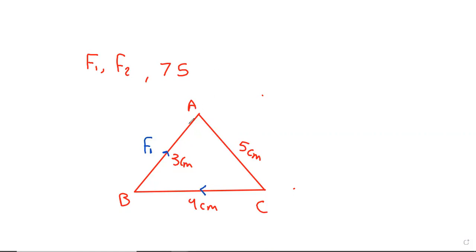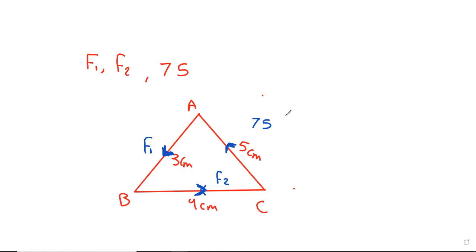We have F1 represented by AB and F2 represented by BC in this direction, and CA. Look at the resultant as well. We have AB in this direction and BC from B to C and CA. They are all in one direction. And F3 equals 75 Newton.